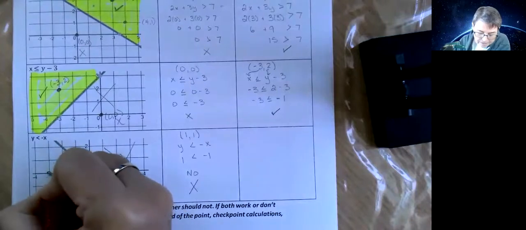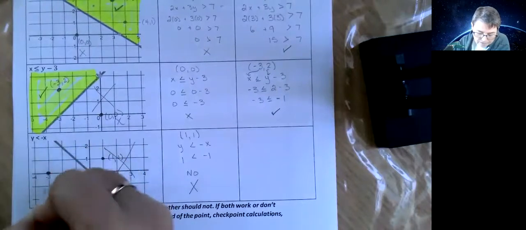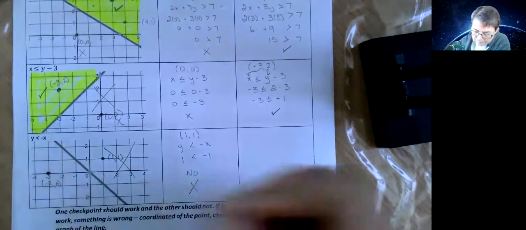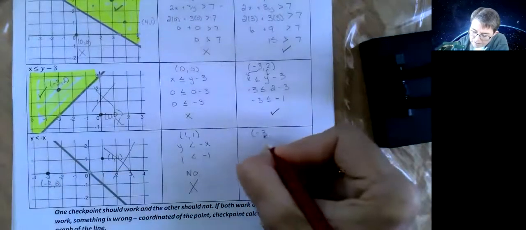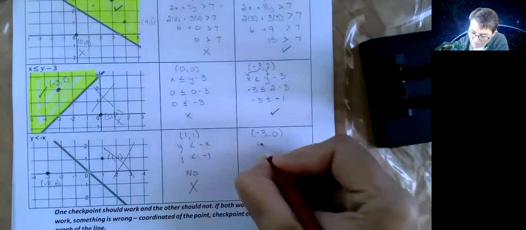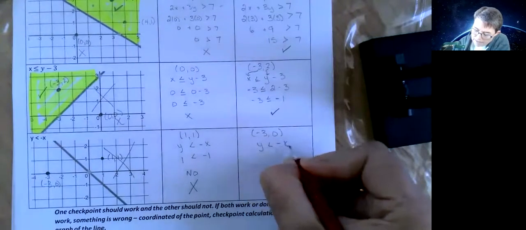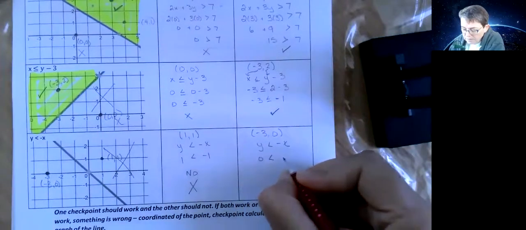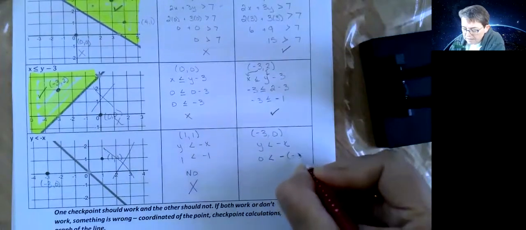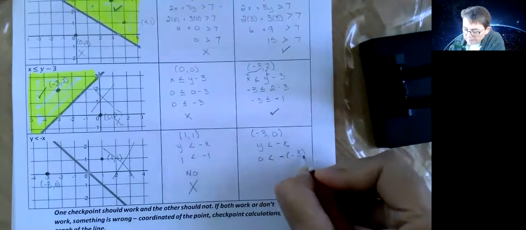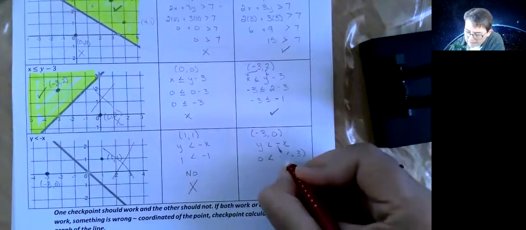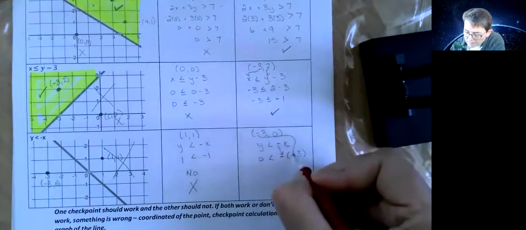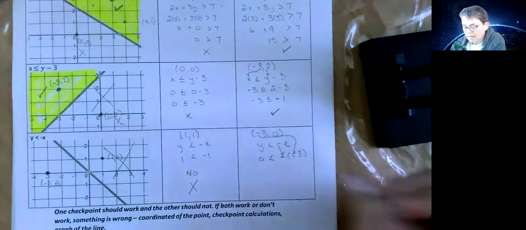I don't know. Any point again will do. That's minus 3 and 0. Minus 3 and 0. y is less than minus x. So 0 is less than... ooh, this is going to be very sneaky. Okay, so watch. This negative came from the question, and this negative came from the actual coordinate.